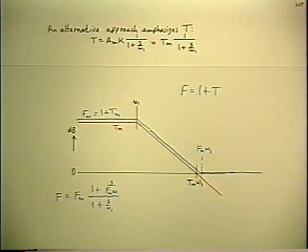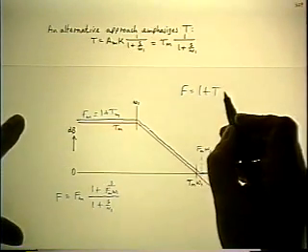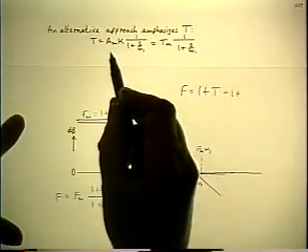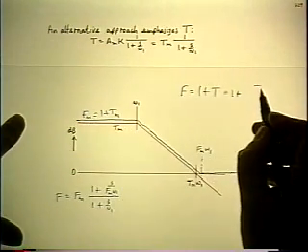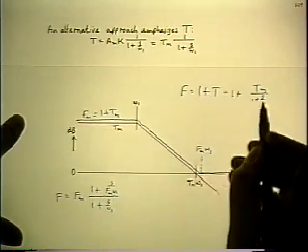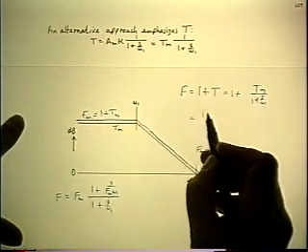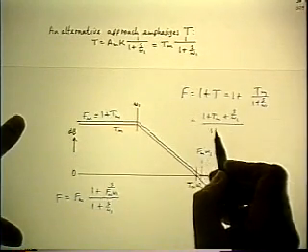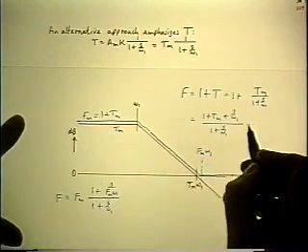Well, that's nice, but then you say, well, that involved a guess. We'd better go back and check that. Well, it's easy to check it, because this is a simple case, and it's easy to do the algebra. So, here's 1 plus the T, and the T is Tm with a single pole. Cross multiply gives you 1 plus Tm plus S over omega 1, over 1 plus S over omega 1.